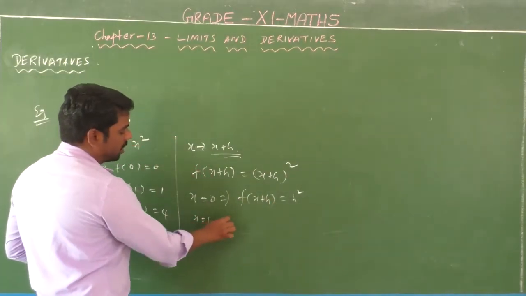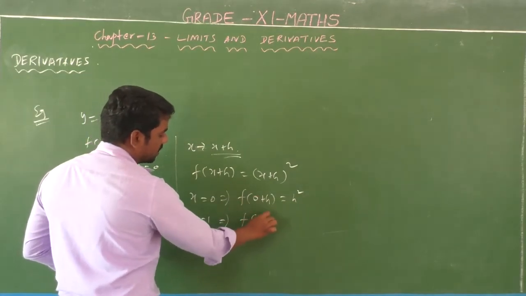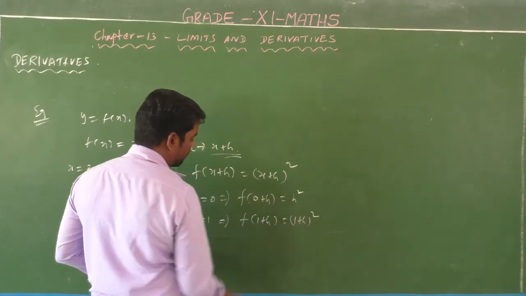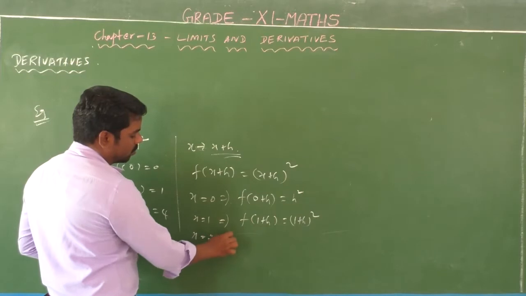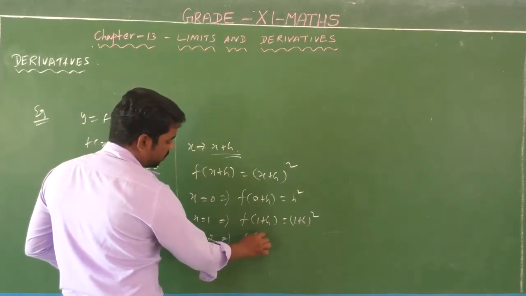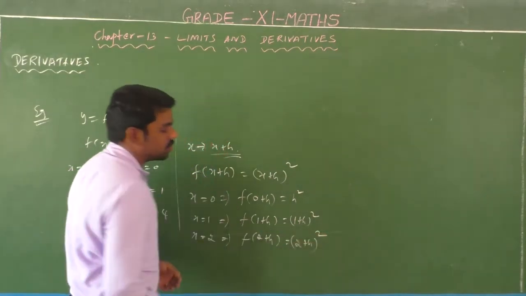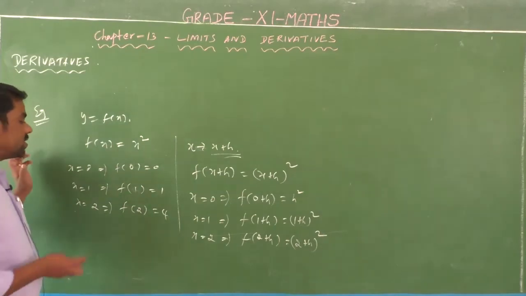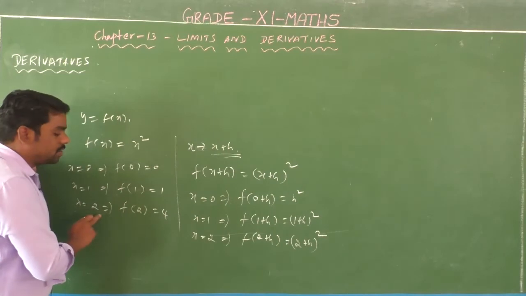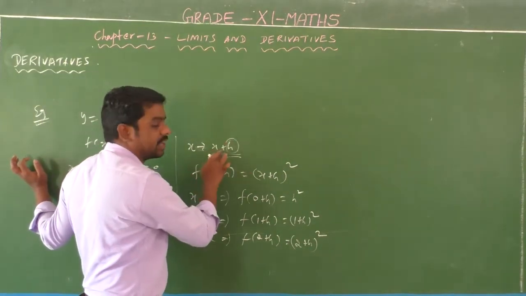Suppose x equal to 1, f of x plus h means 1 plus h the whole square. x equal to 2, f of x plus h means 2 plus h the whole square. Listen students, here x value 0, y value 0; x value 1, y value 1; x value 2, y value 4. So x is changed with a small difference h, so x tends to x plus h.